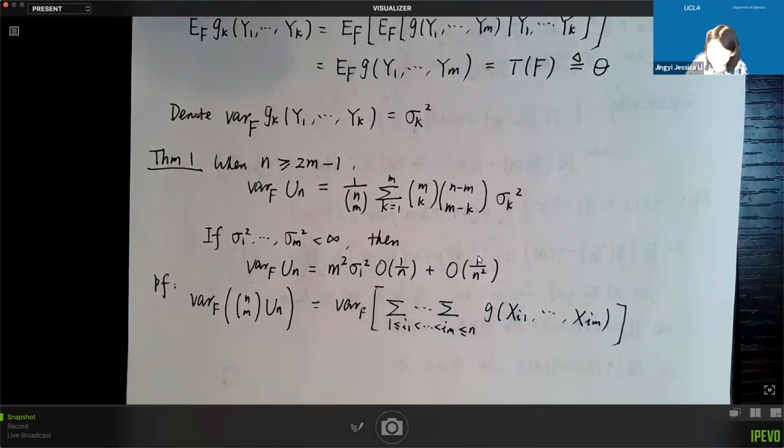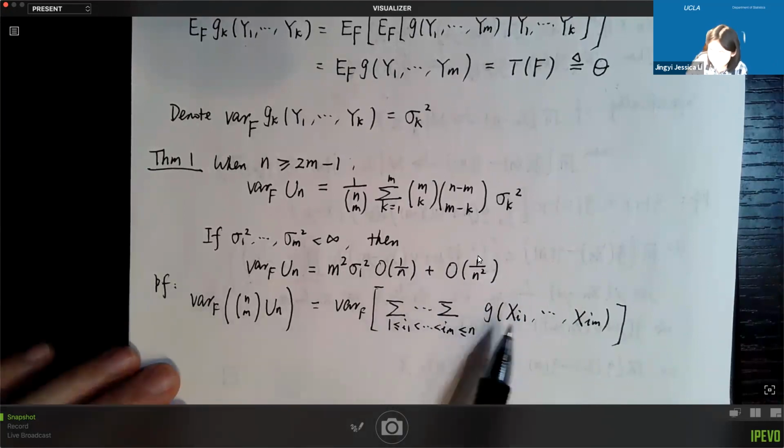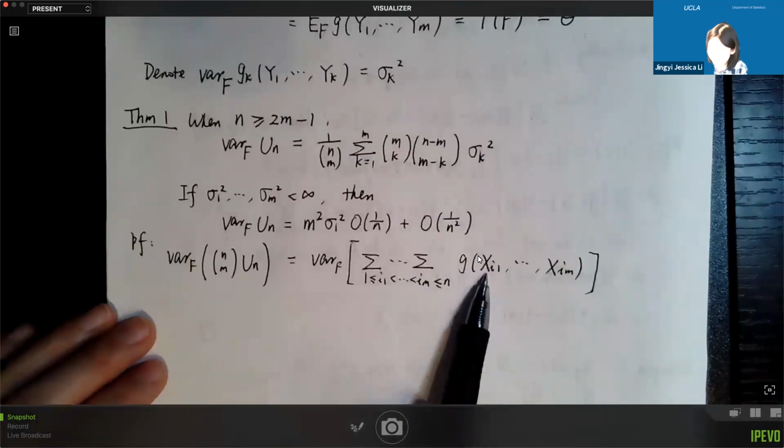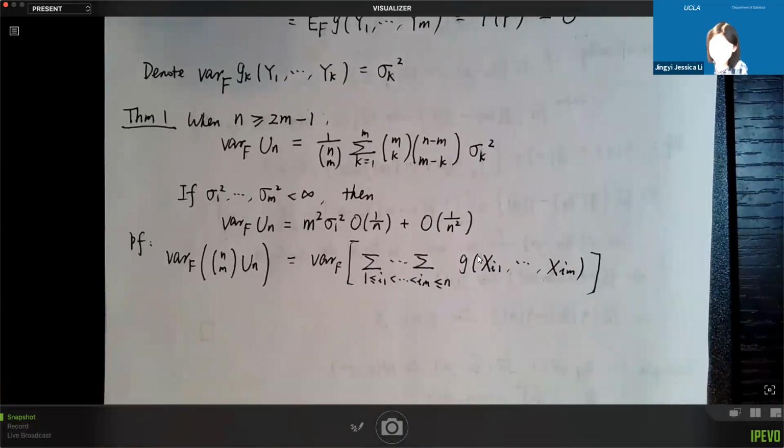Let's consider k to be the overlap of two terms. By overlap, I mean that the X_i1 to X_im pick the same random variables from the original sample X1 to Xn. So they may overlap by one random variable, and they may overlap by m random variables. We can have all those possibilities.